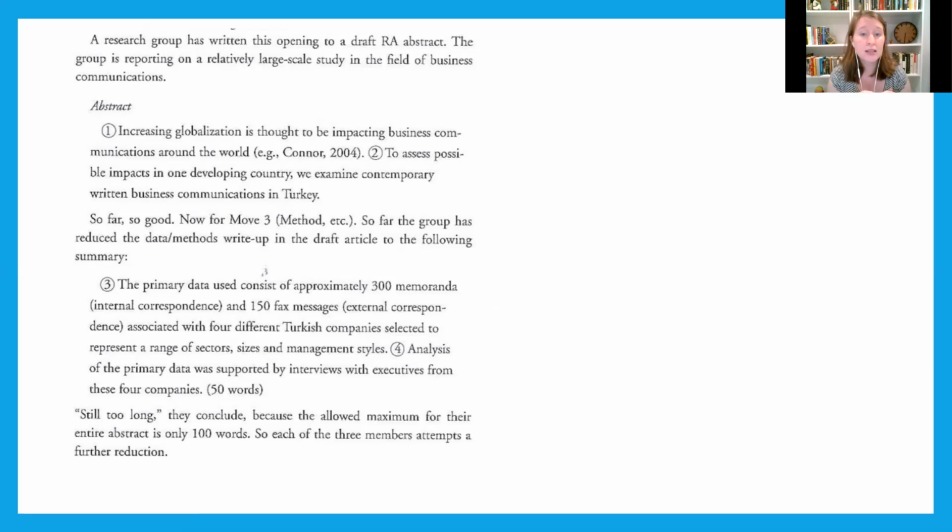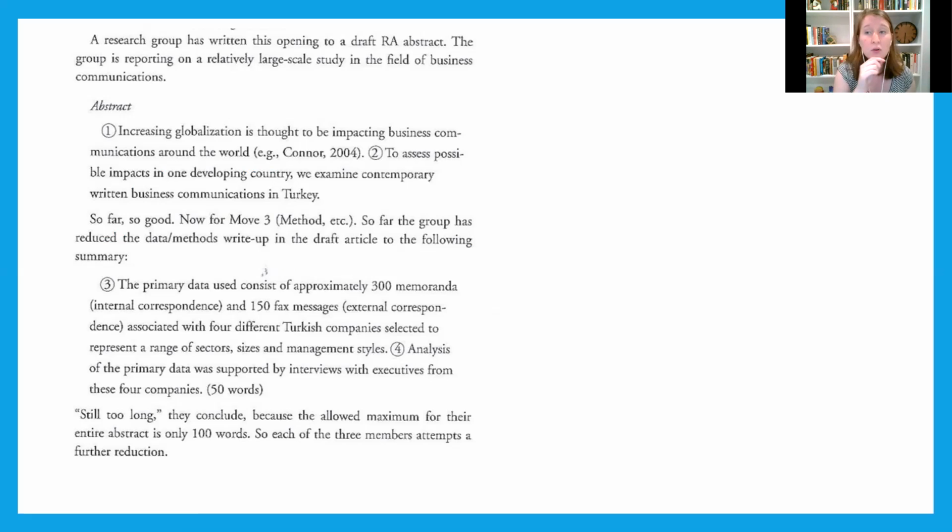Then if we move on to sentences 3 and 4, we're talking about the methodology, and notice how long this is. In this whole abstract, they're only allowed 100 words, which is incredibly short, okay?